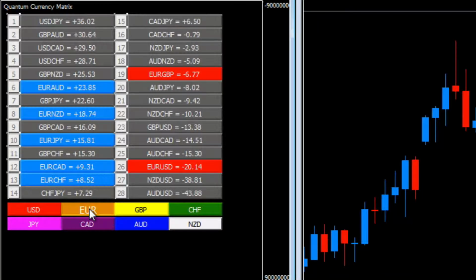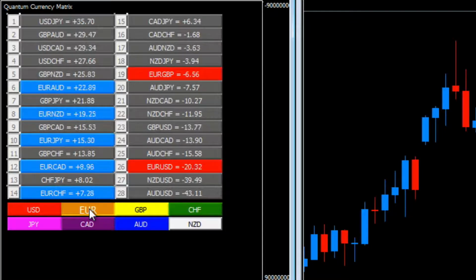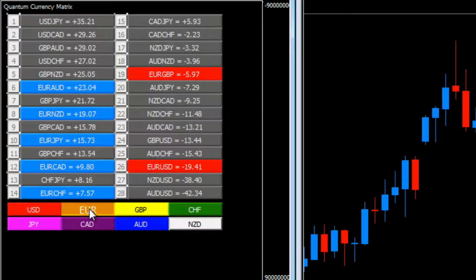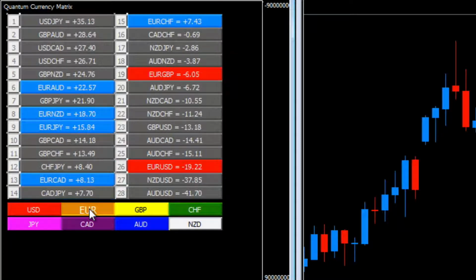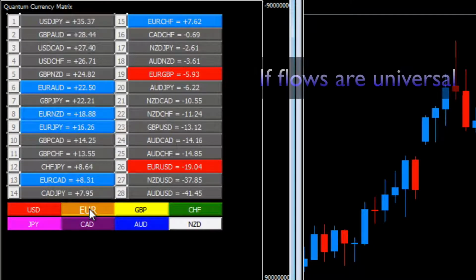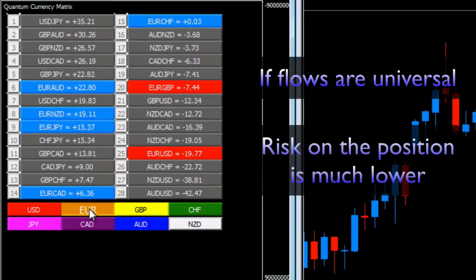and really does highlight one of the really basic uses of the currency matrix to help you identify risk. If you're looking at a currency pair in isolation and not aware of whether that particular currency is being bought or sold universally, you are taking on a huge amount of risk, because if the flows are universal, the risk on the trade will be much lower.